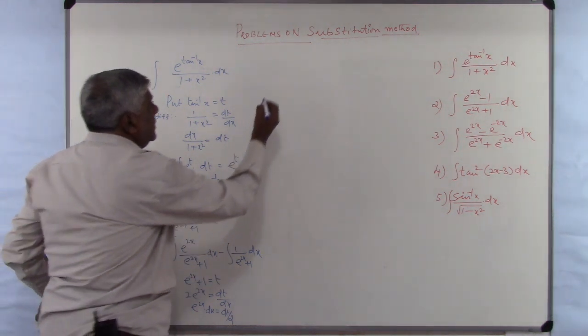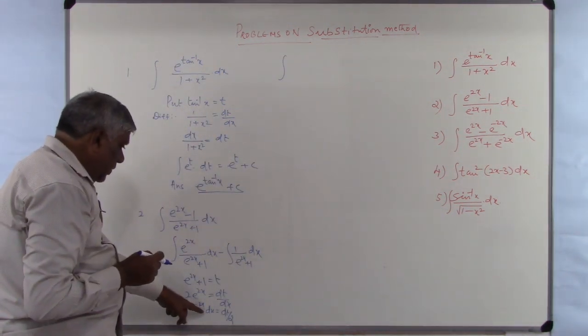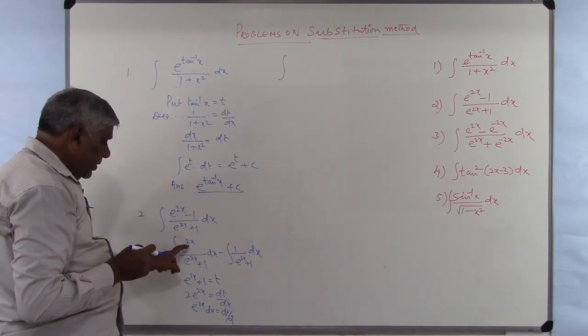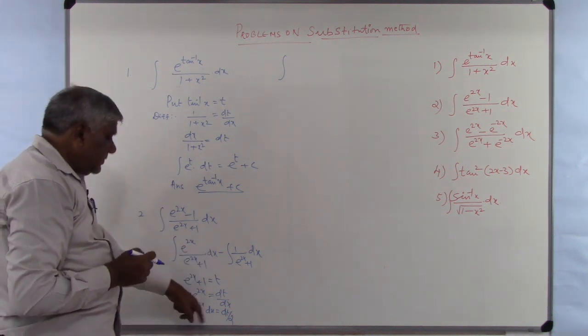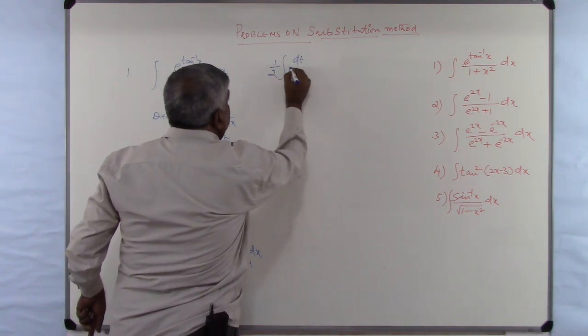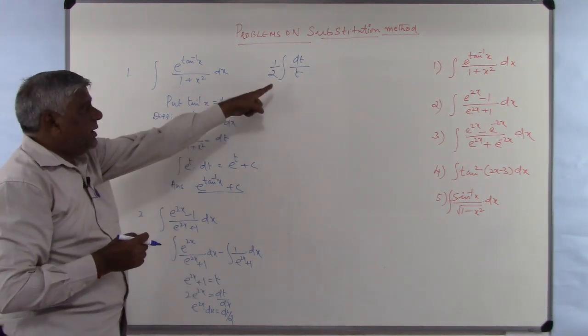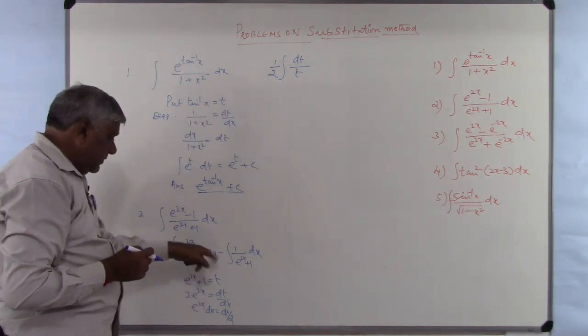Now what happens to this we will see. Integral of e to the power of 2x dx, where e to the power of 2x dx is dt by 2, I will take dt divided by t, because e to the power of 2x plus 1 we have kept as t.